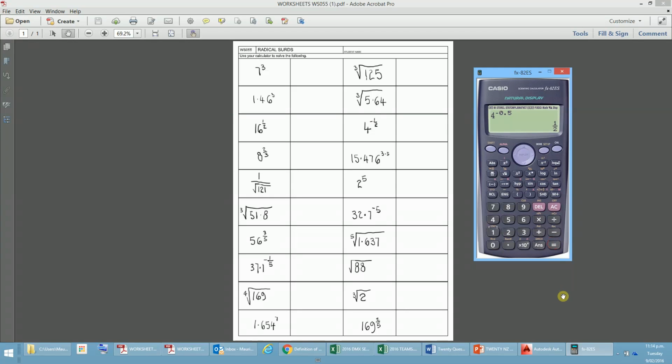And the answer there is actually a half, because the negative makes it go 1 over the square root of 4. And that's a half, and then we can push this button here to give that as a decimal, 0.5.